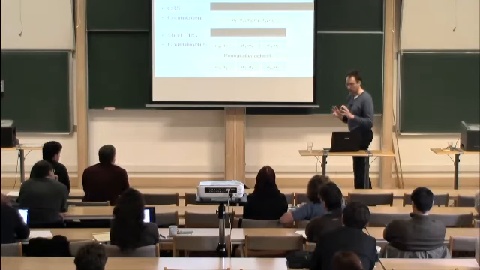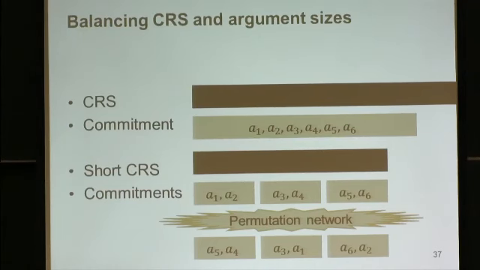And you can do that by putting in a permutation network. Basically you build a permutation network and you use the permutation arguments for the commitments to go through this permutation network, and that gives you the full large permutation. So you build a large permutation from many small permutations.